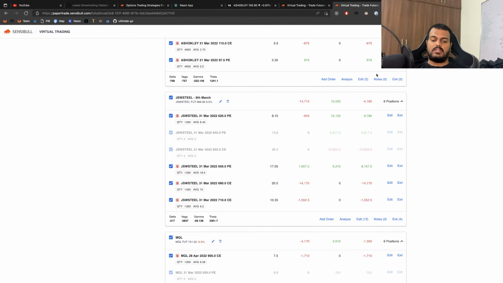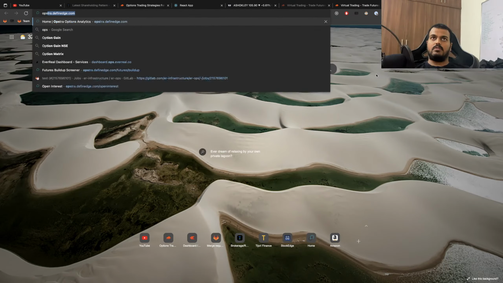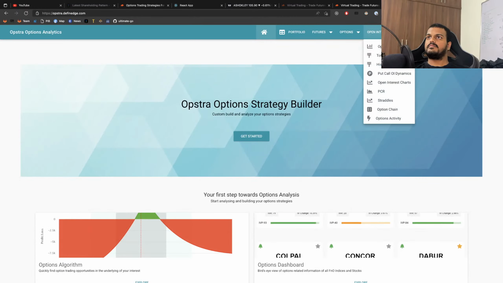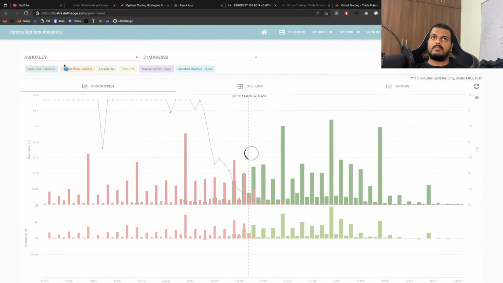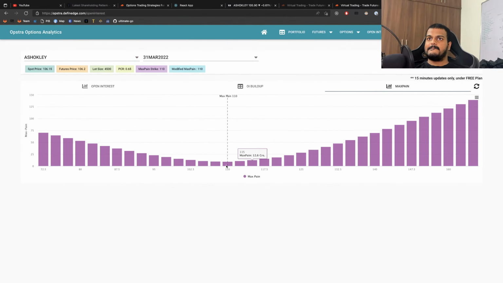So let's check the max pain of this one in Opstra. Max pain is exactly at 105, 107, 110. So the market is ready for the down but not up. The major loss will be when it goes up, on the calls.